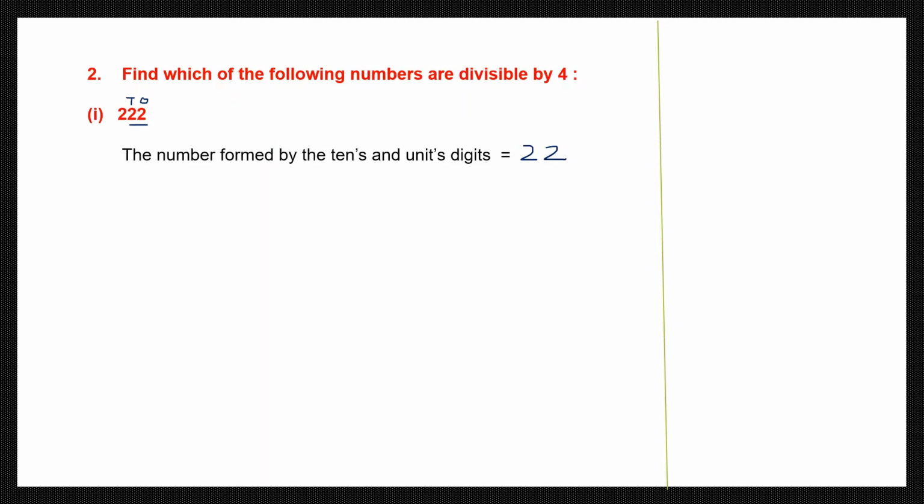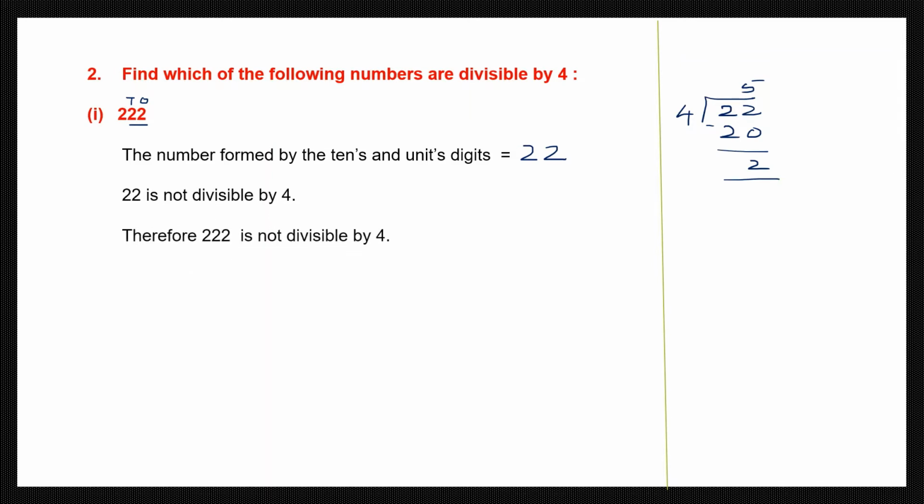Now this number, is this divisible by 4? Let's see. 4 5s are 20, minus 2. This is not divisible by 2. 22 is not divisible by 2. Therefore, since 22 is not divisible by 4, 222 also will not be divisible by 4.